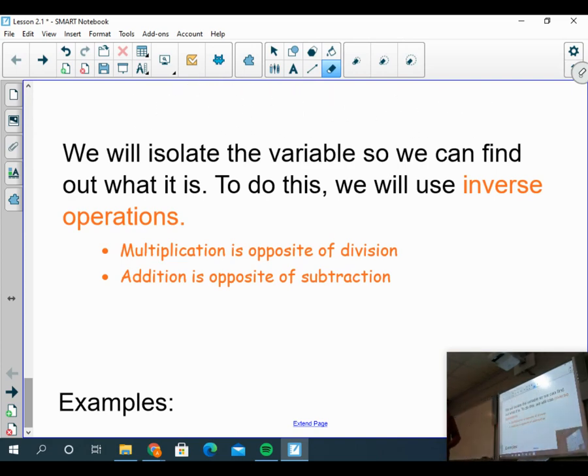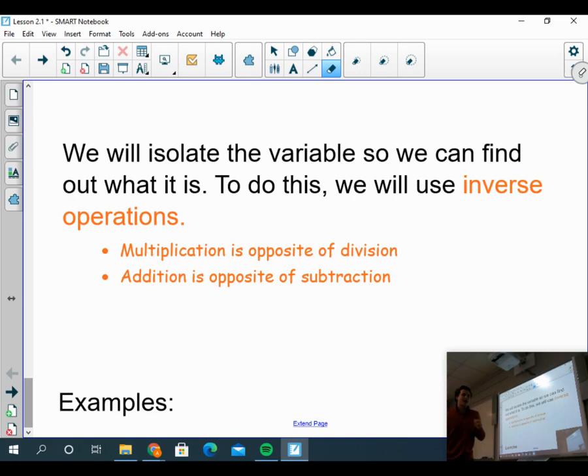And first, before we dive into using them, let's talk about what they are. Inverse operations means if I do one, it is the opposite of one that's already occurring. Again, the word inverse shouldn't be new. You'll see multiplication is the opposite of division. They're inverse operations because if I multiply something by 2 and then I divide it by 2, that division by 2 counteracts the multiplication by 2.